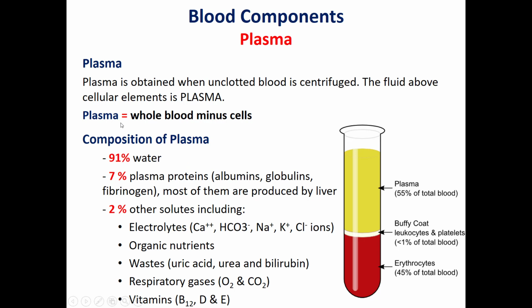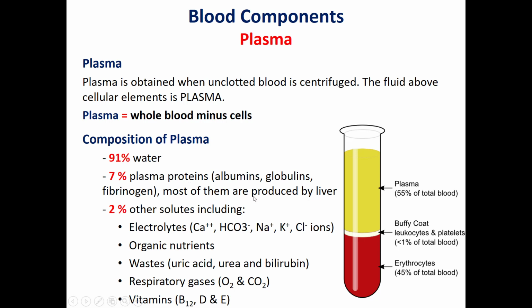So this is the plasma. The plasma is the whole blood minus the blood cells, the WBCs, the RBCs, and platelets. 90% of the plasma is made up of water. 7% are plasma proteins.